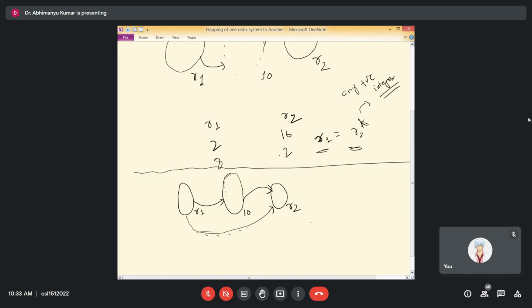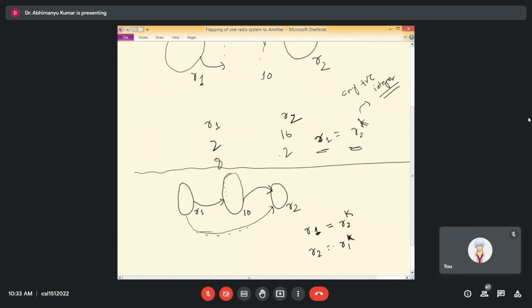It is available if we are able to represent R1 in terms of R2, like R1 is equal to R2 to the power k, where k is some positive integer, or R2 can be represented as R1 to the power k.